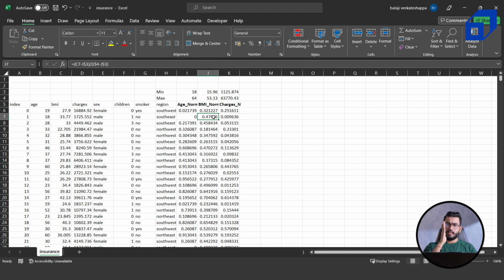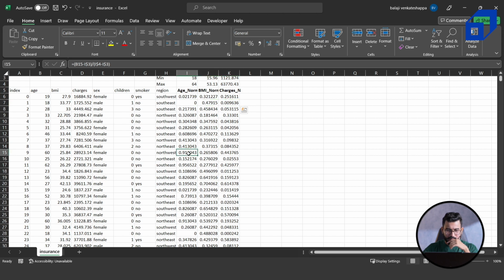As I told you, 0.5 is the middle, and 0.47 is near to 0.5, right? So BMI is around average, while the charges are 0.009, which is very close to 0, right? So what I can conclude for this person is a very young person, having average BMI and very low charges, right?